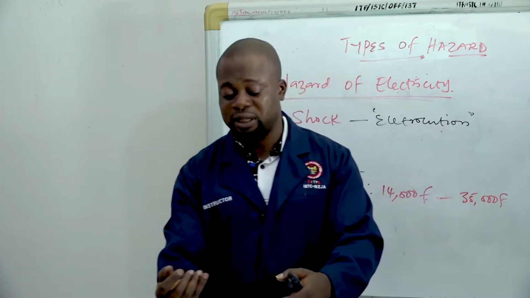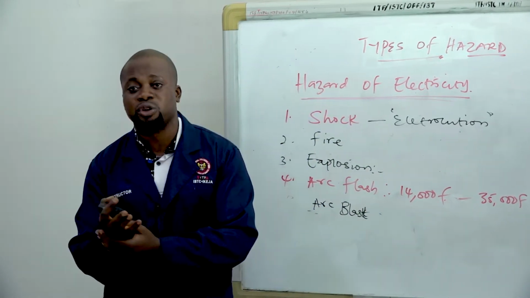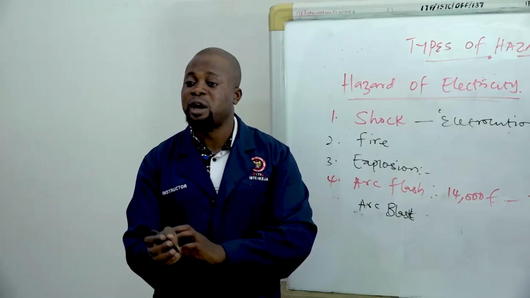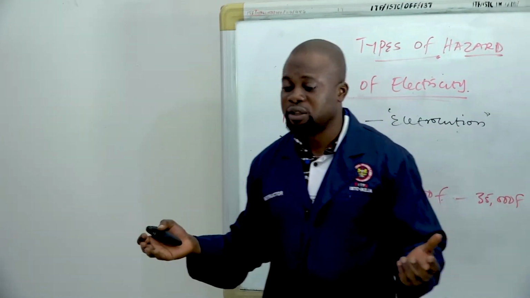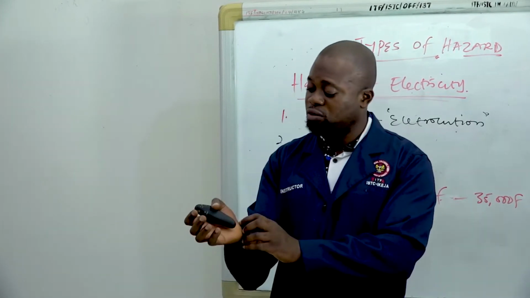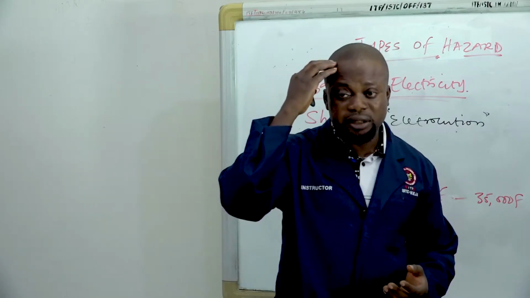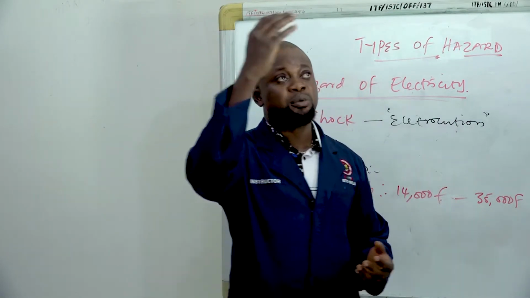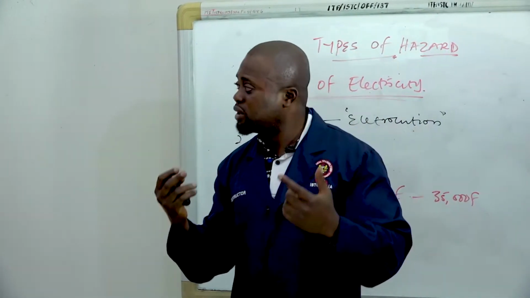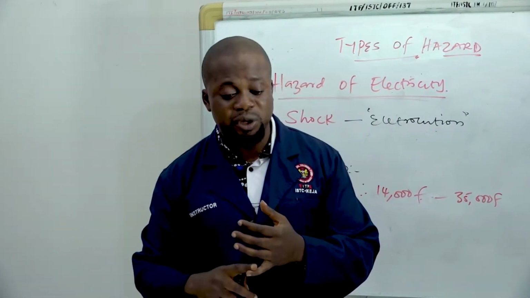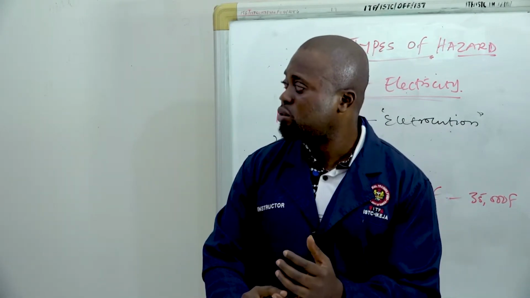And of course, the human body. The human body is a very good conductor of electricity because our body contains salt, water and impurities. So when current enters through our hand or head, especially when you are working at height, you receive shock. So one of the ways is making contact with current traveling through a substance.